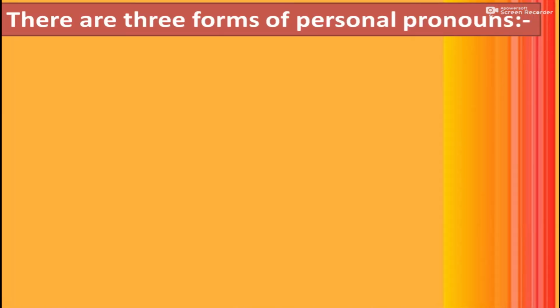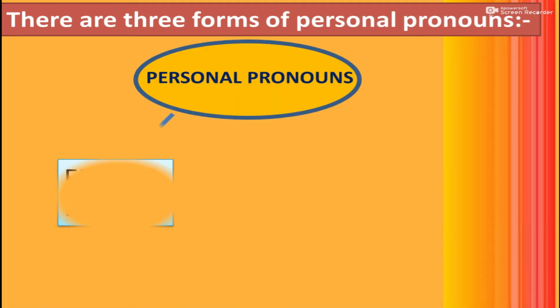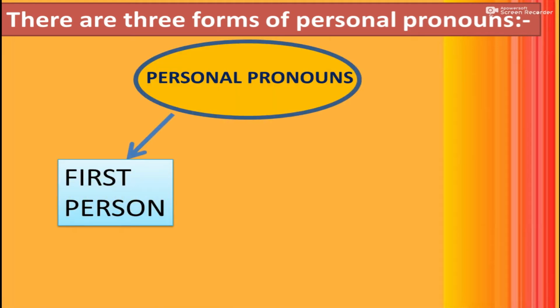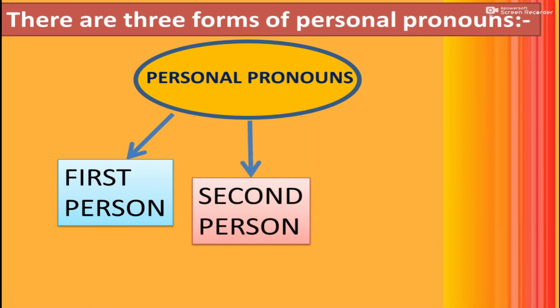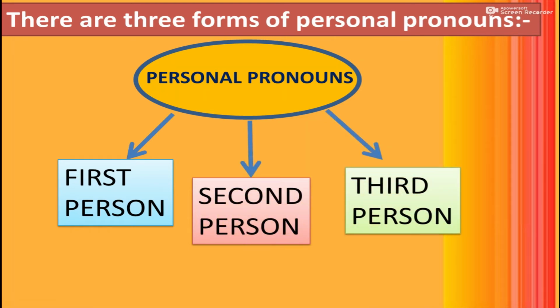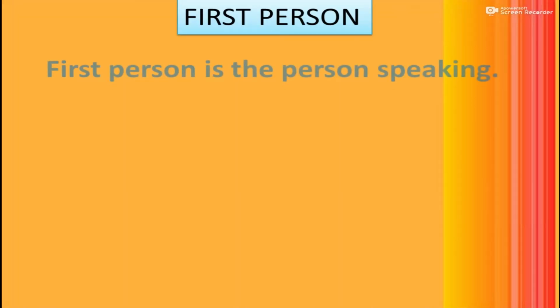There are 3 forms of personal pronouns. First person, second person, and third person. We'll understand each form of personal pronoun again in detail. Okay? First person.